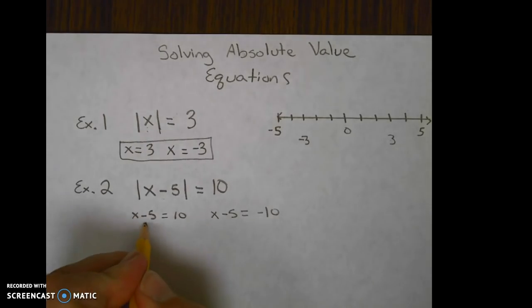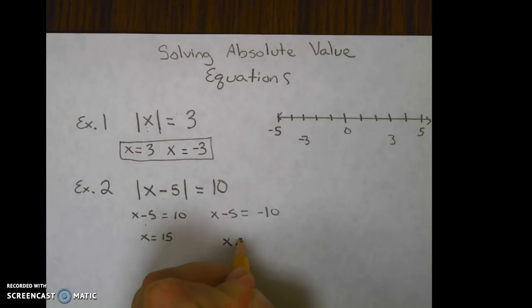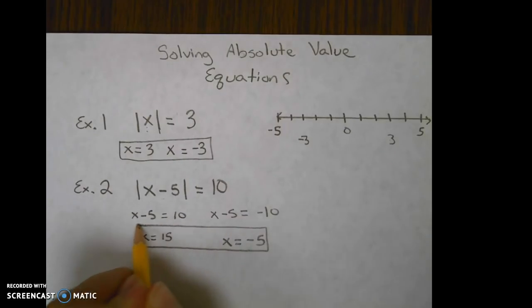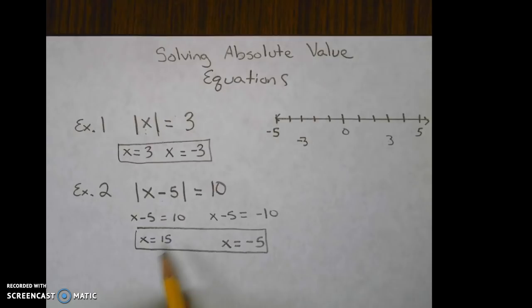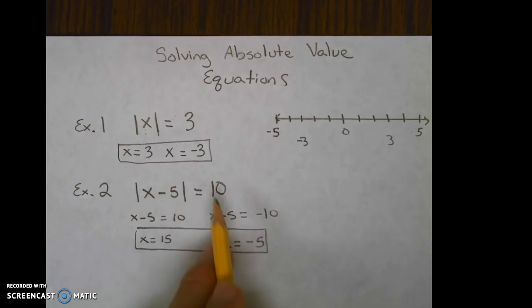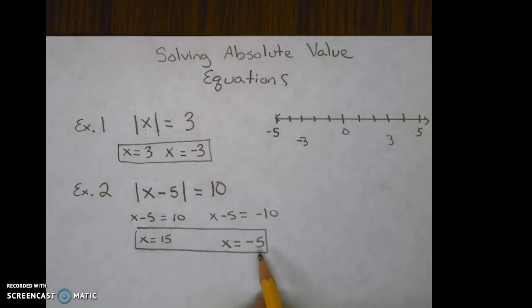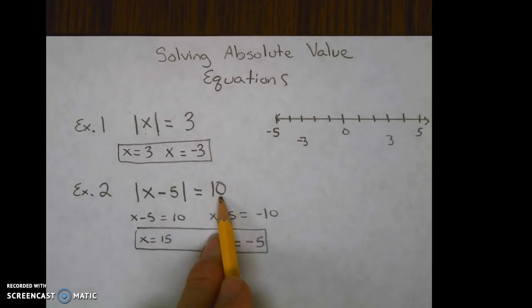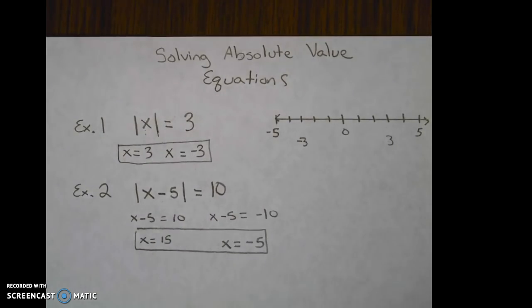Now we go ahead and solve both of these equations and get our answers. So 15 minus 5 is 10, and that's 10 units from 0. Negative 5 minus 5 is negative 10, and negative 10 is also 10 units from 0. Are you getting the idea?